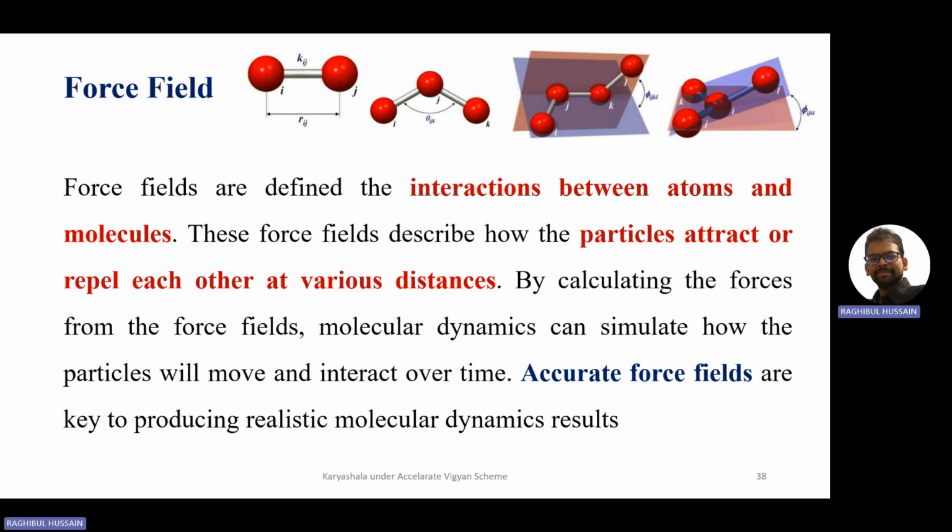But what is the improper? If we have 1, 2, 3, 4, then keep the 2 outside. 1, 3, 4 is making one plane, right? And the angle between the 2 and that plane is the improper, right? Okay.